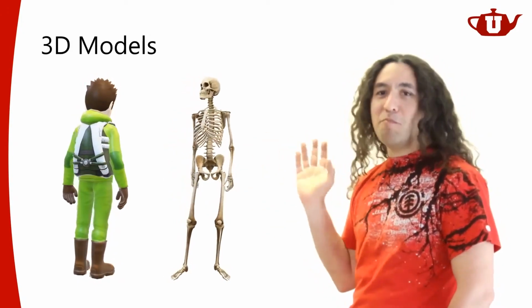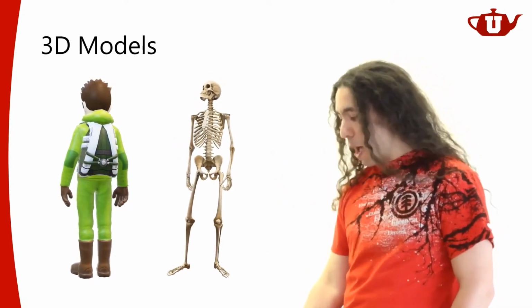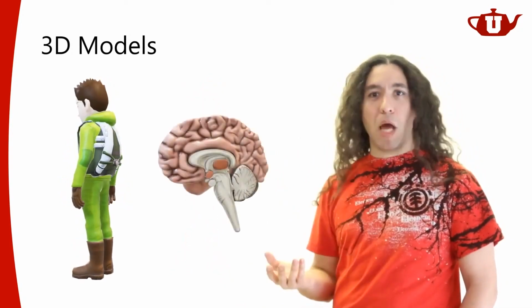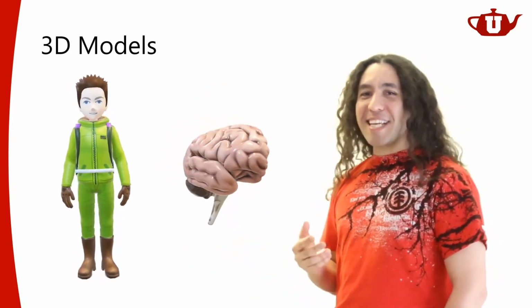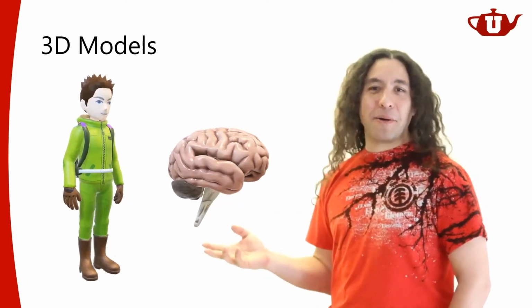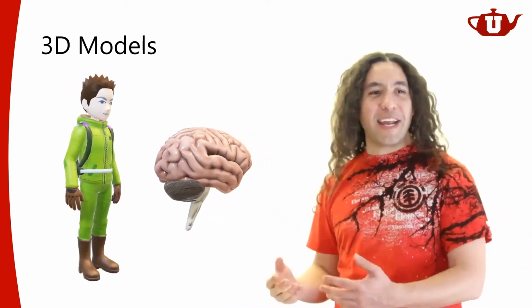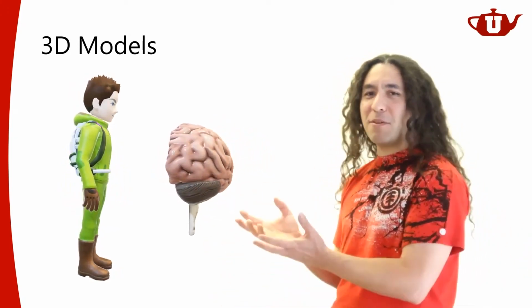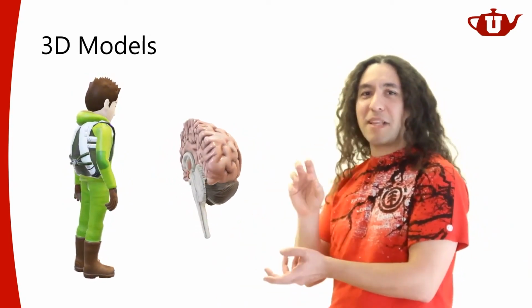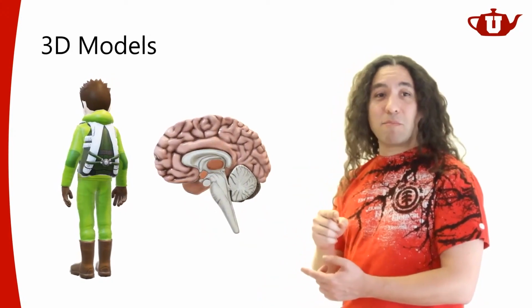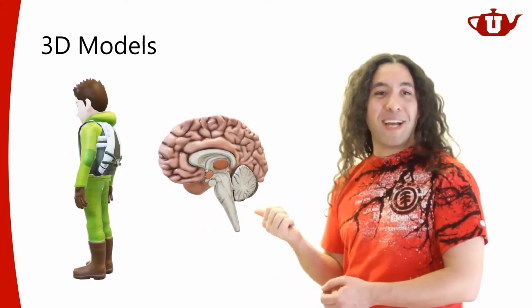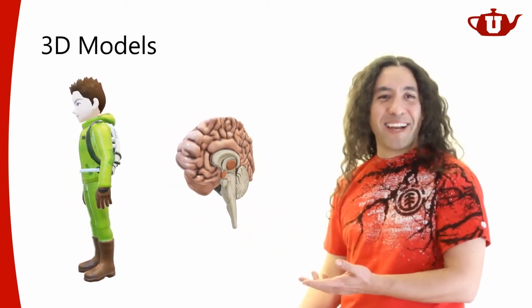Okay, skeleton, maybe yes. But how about a brain? Well, not a fully functioning one at least. Well, you could say, oh, I have some AI code and that sort of serves as this brain. Okay, whatever. But we don't really model this brain and put it inside its head, right? Unless your application is doing brain surgery to this guy, you're not going to model its brain, right?